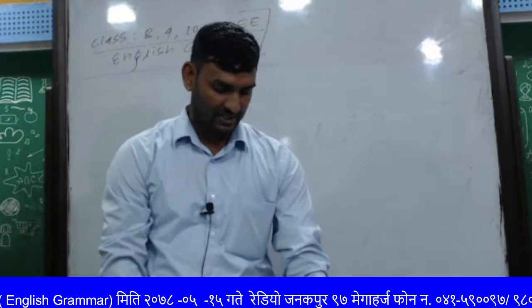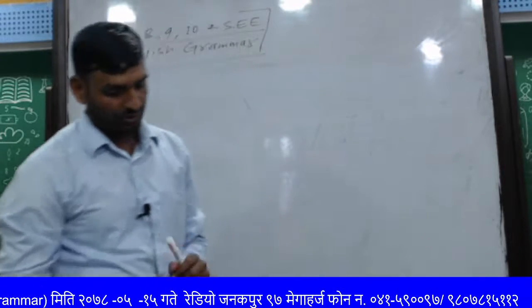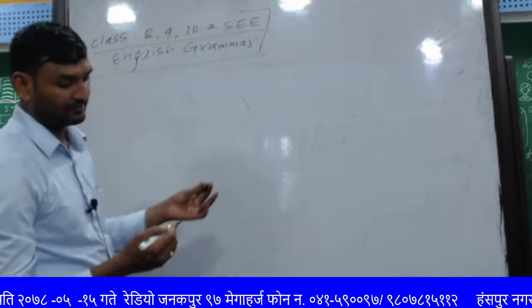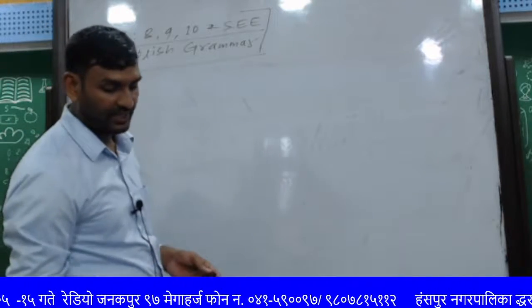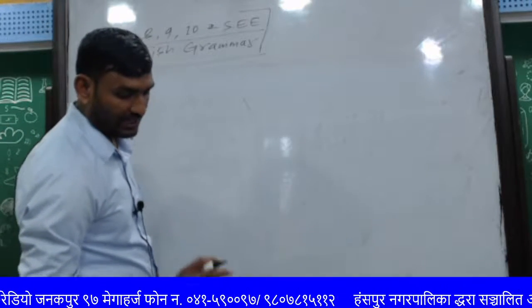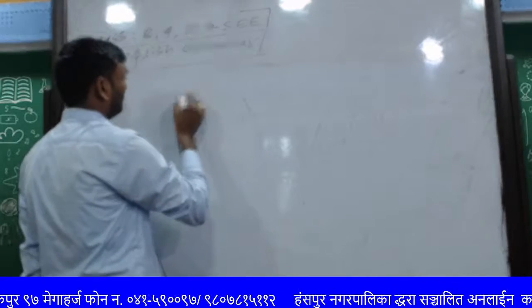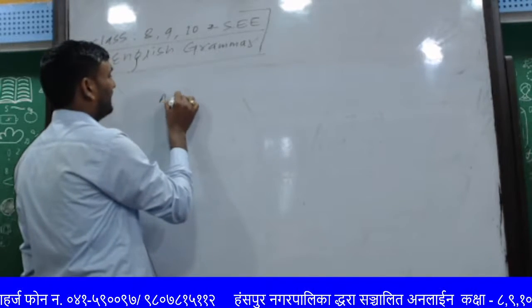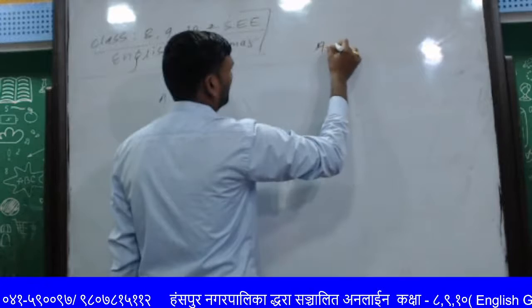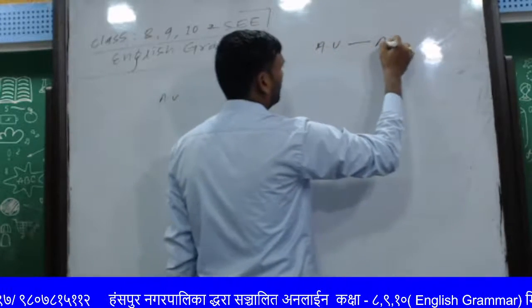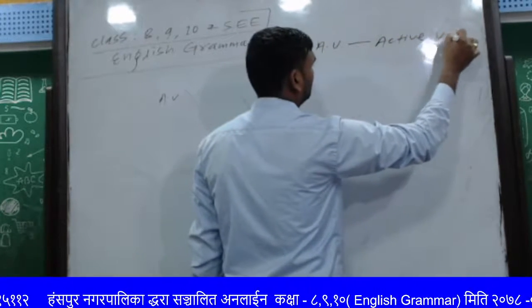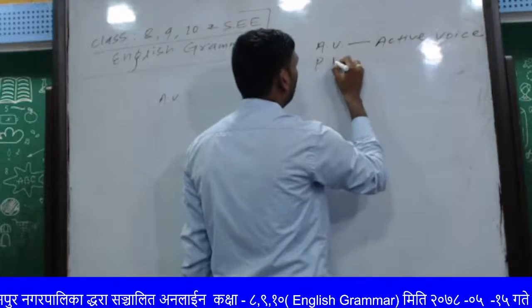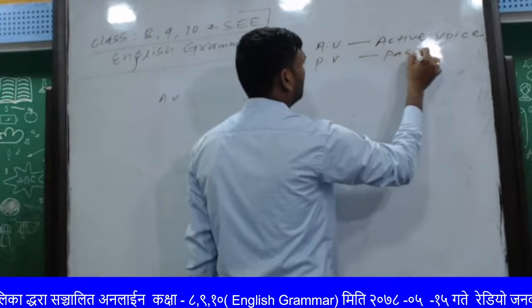So listen, students, first of all I am going to write one example on our board. The example is here: Monica dropped the glass. AV means active voice, and PV means passive voice.